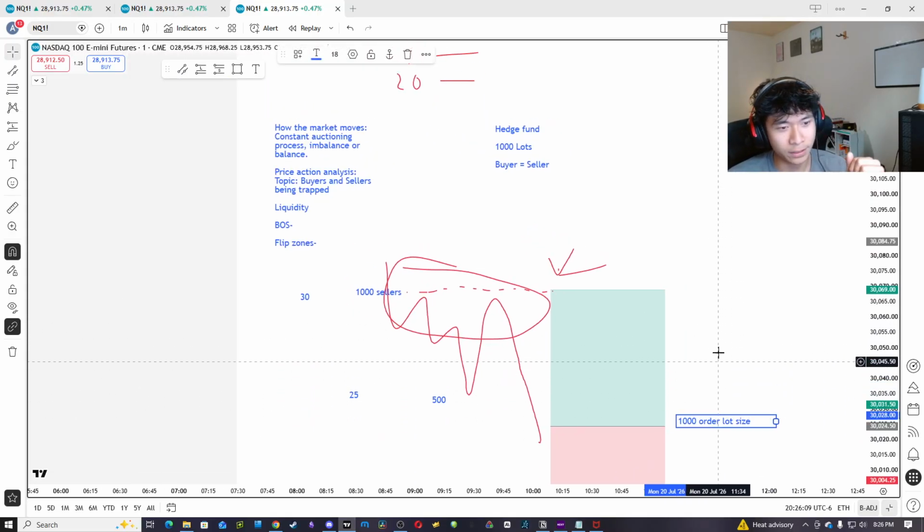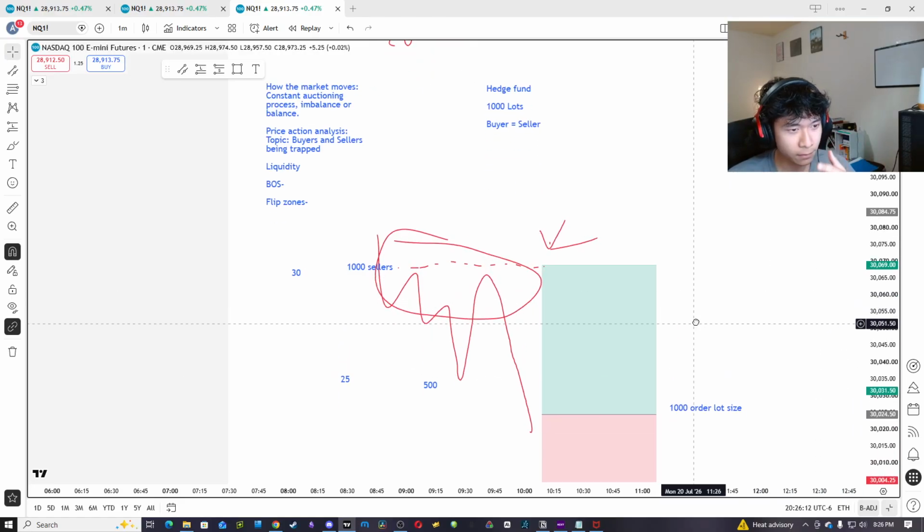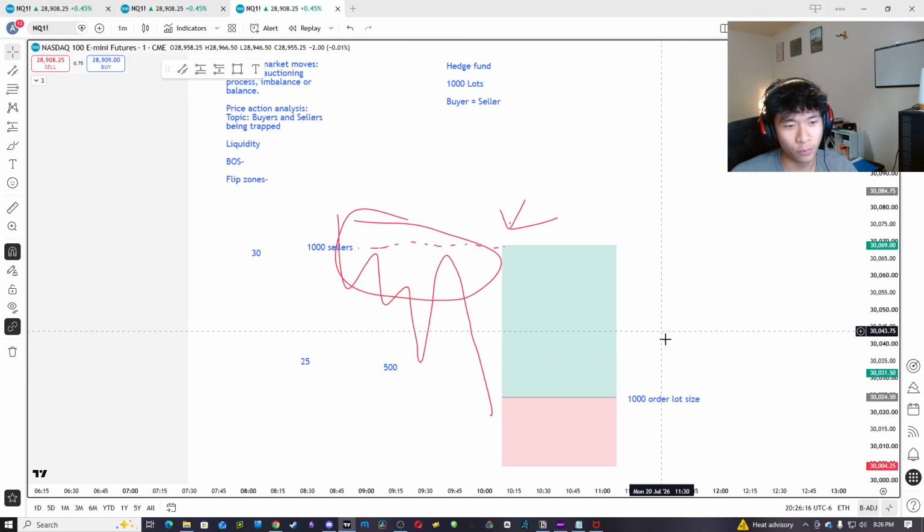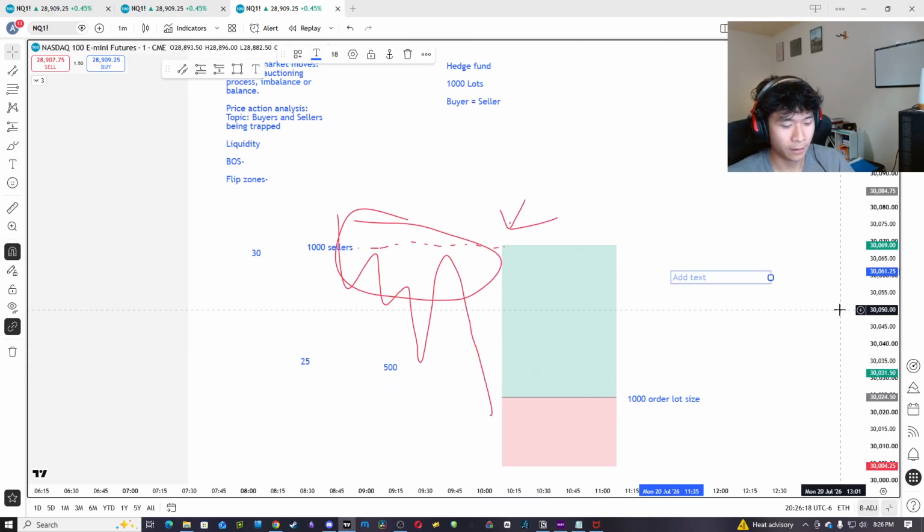And these guys have better information than retail traders, because one of the ICT concepts is that you're trading as retail traders versus big banks and institutions.